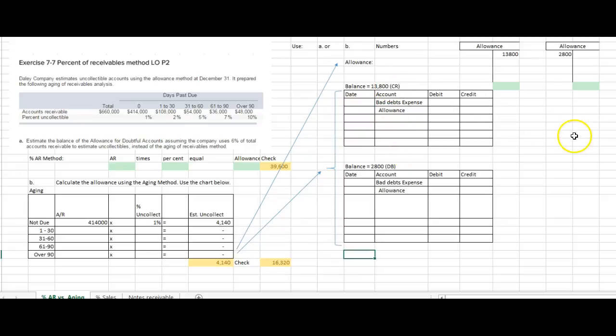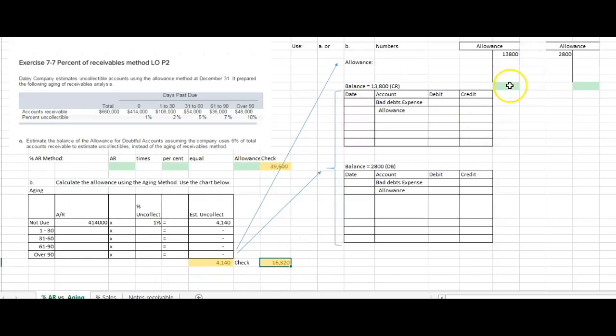the calculations here. Now, I don't care which set you use. You can use 3960 for your balance, 600 for your balance, or 16320 for your balance. What I would like for you to do is say, okay, I'm using, let's say, B. This is going to be my bad debts calculation.